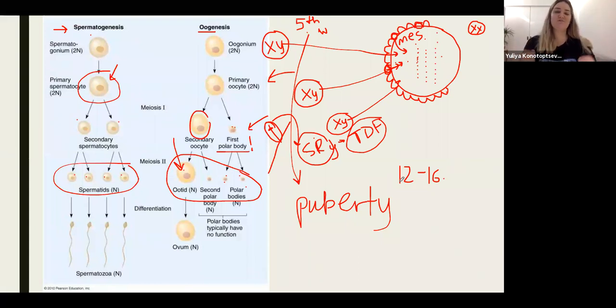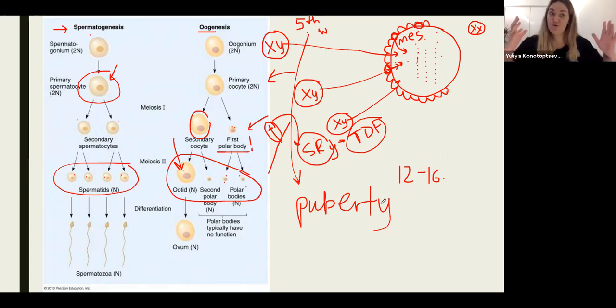Because this process is very sudden, especially in boys, because they go to sleep as a boy, but they wake up as a man. The first symptom that your boy has reached puberty is that they start to wake up with erections, right? And why do boys have erections? Well, testosterone. Testosterone starts to flow through the body.